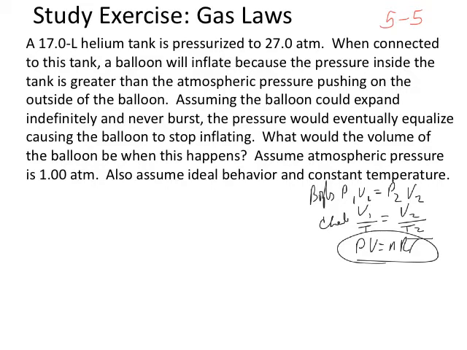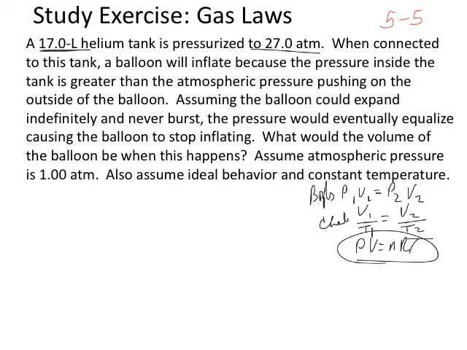equals nRT. So usually when you get stuff like this, and then when you read it, you're looking for defining P1, V1, or V1 or T1, and solving for one of those variables. But let's read it just to make sure. Okay, a 17.0 liter helium tank is pressurized to 27 atmospheres.